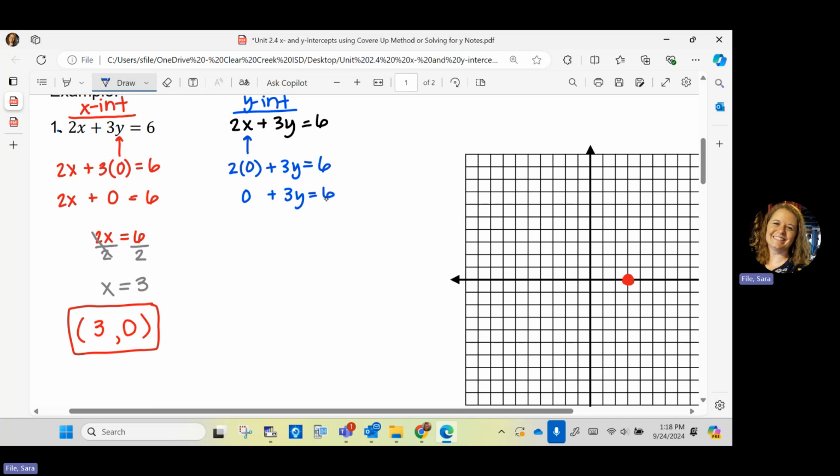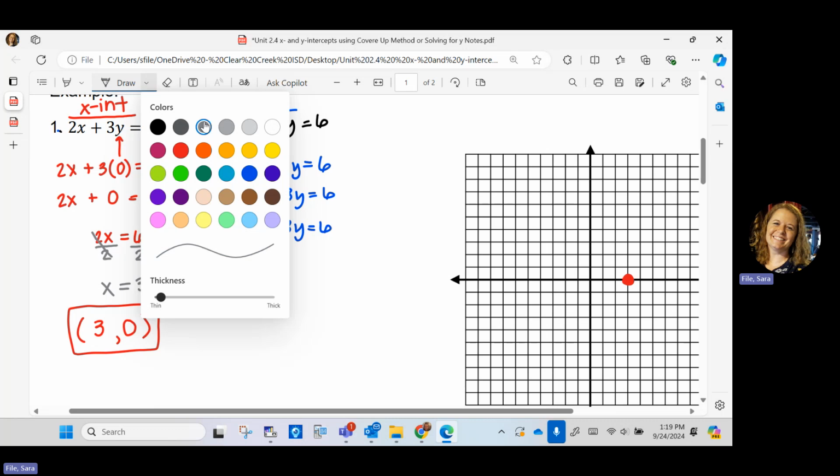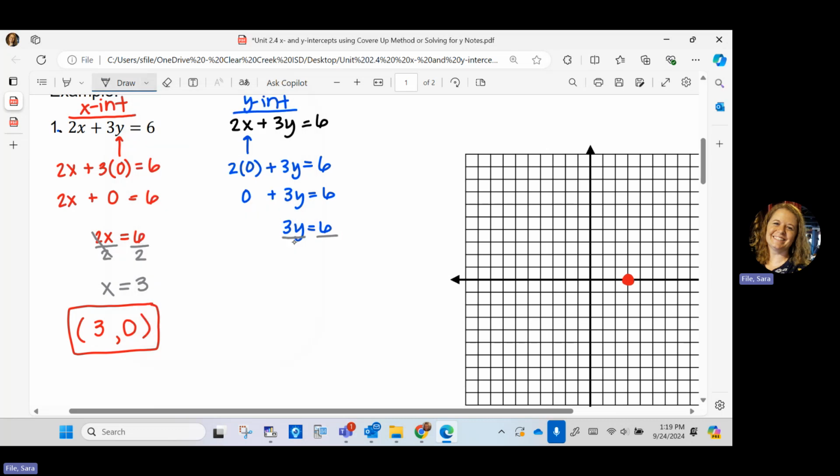And we said if you have a plus 0, the 0 does nothing, just drop it. It's gone. So really I just have 3y equals 6. And then I need to divide out the 3, the coefficient, to reduce that to just y, which comes out to 2.